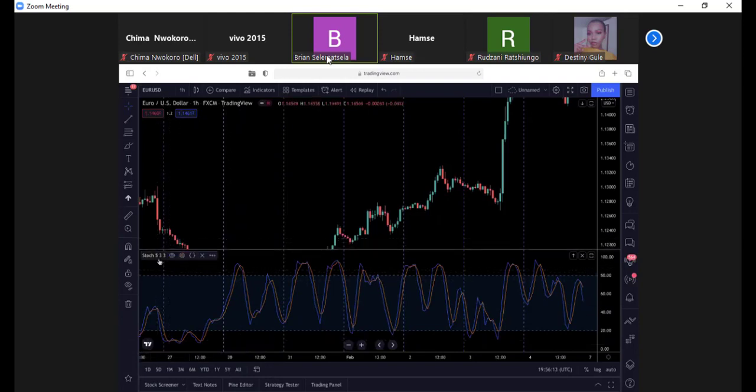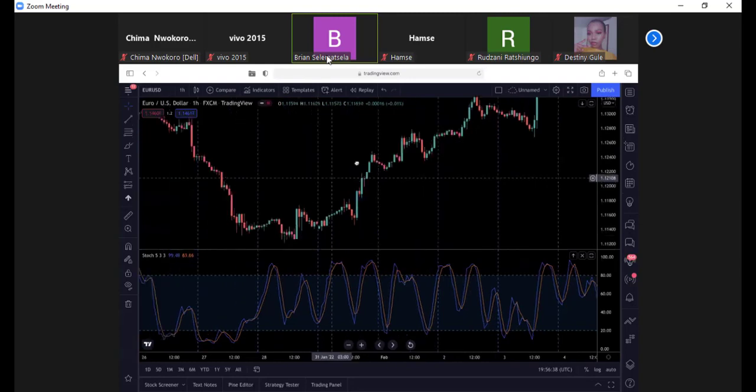Now, when you don't change any settings, it will give you a stochastic chart that the majority of people use. It will give you the chart movement in the standard that everyone uses.